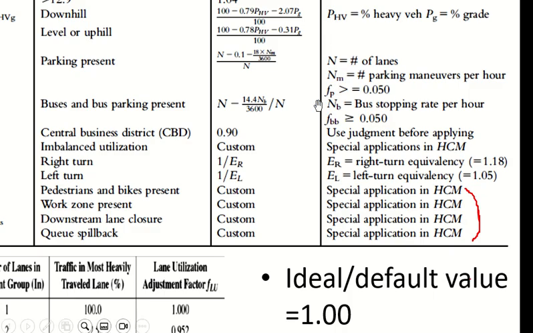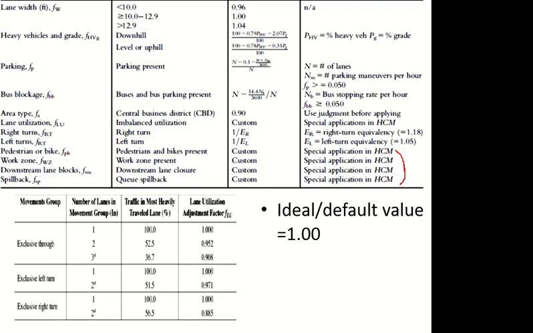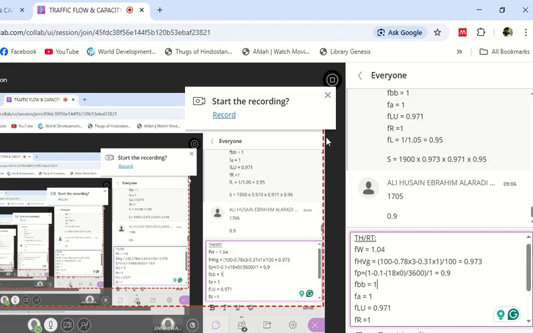Next factor is for bus. Bus blocking. I have it now for the right hand side lane. So buses blocking, how many buses? 15 buses per hour. So I'll be using this one.